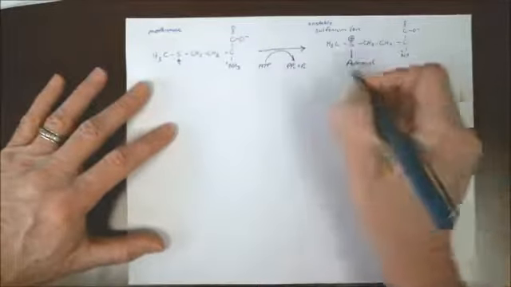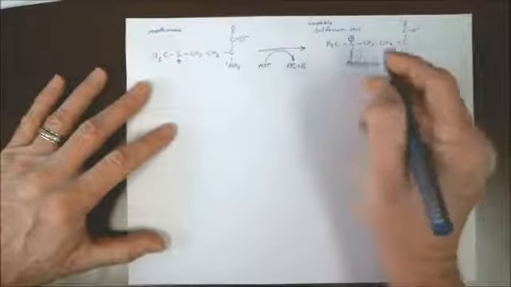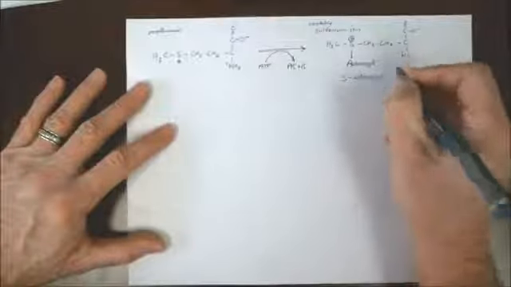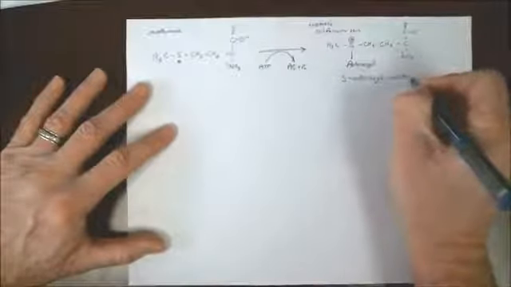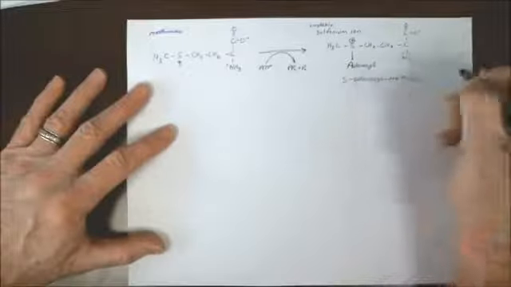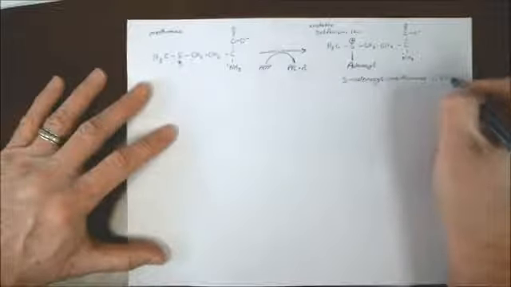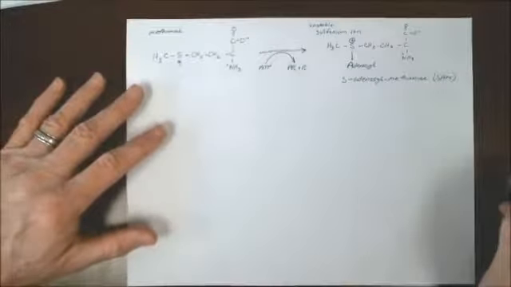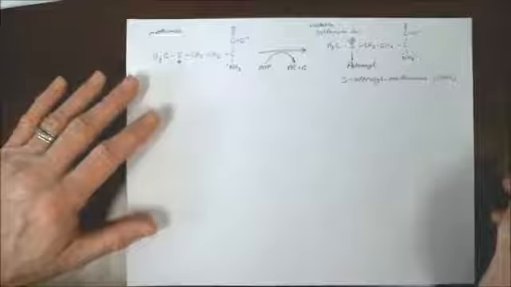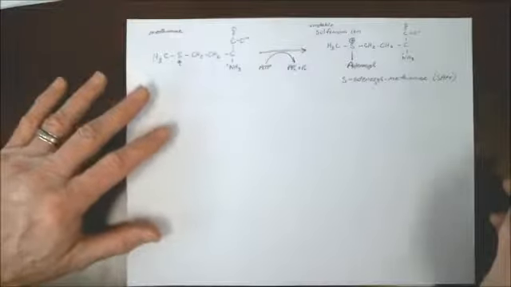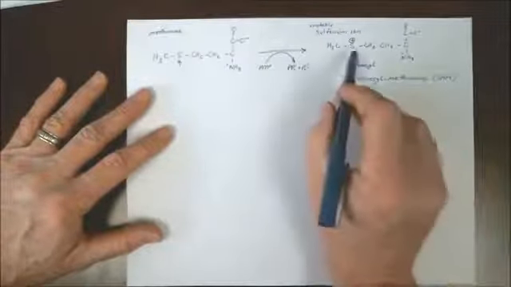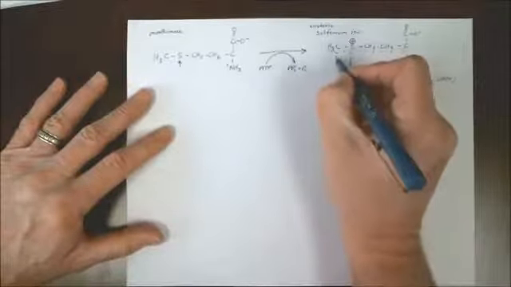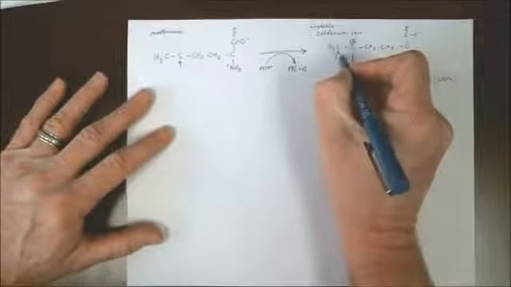The name of this structure is S-adenosyl methionine. It's abbreviated SAM. This structure here, SAM, S-adenosyl methionine, is one of the major substrates involved in one-carbon transfers because of this unstable sulfonium ion. Here is the carbon that will be used in these transfers.